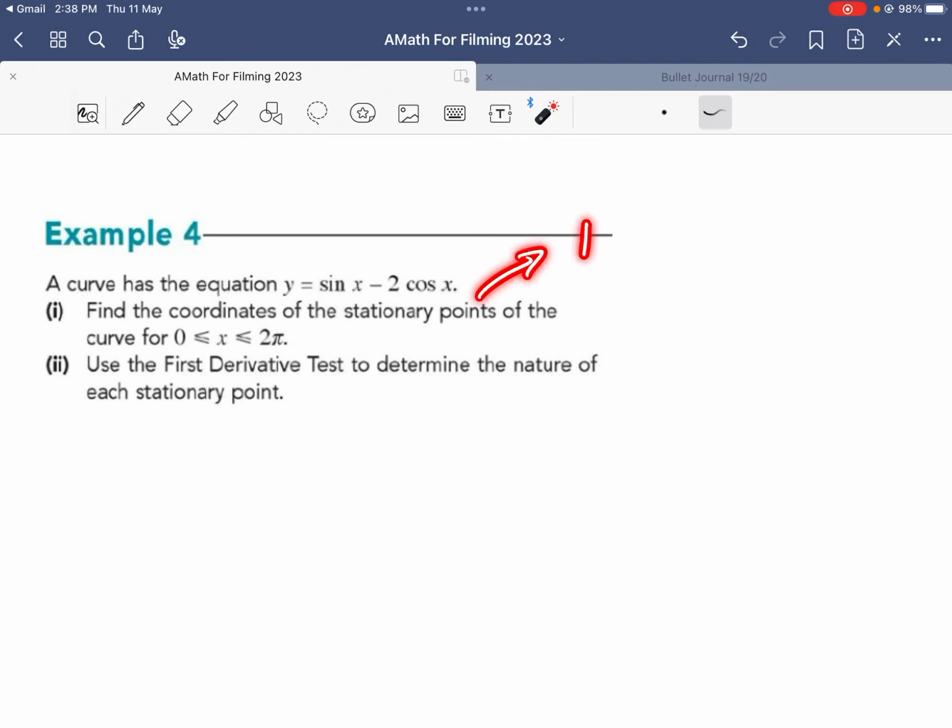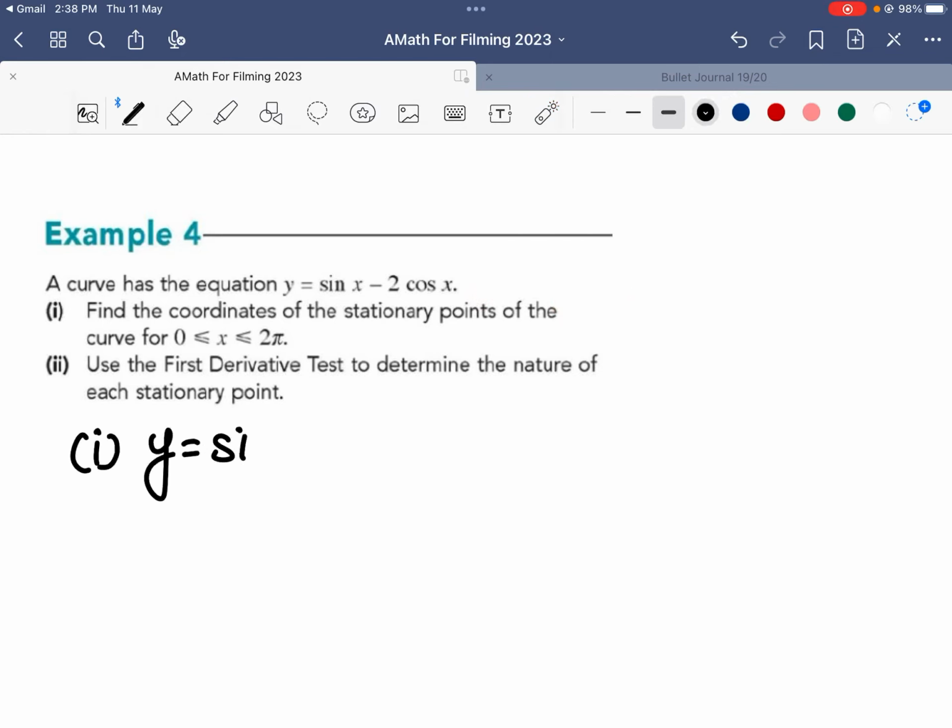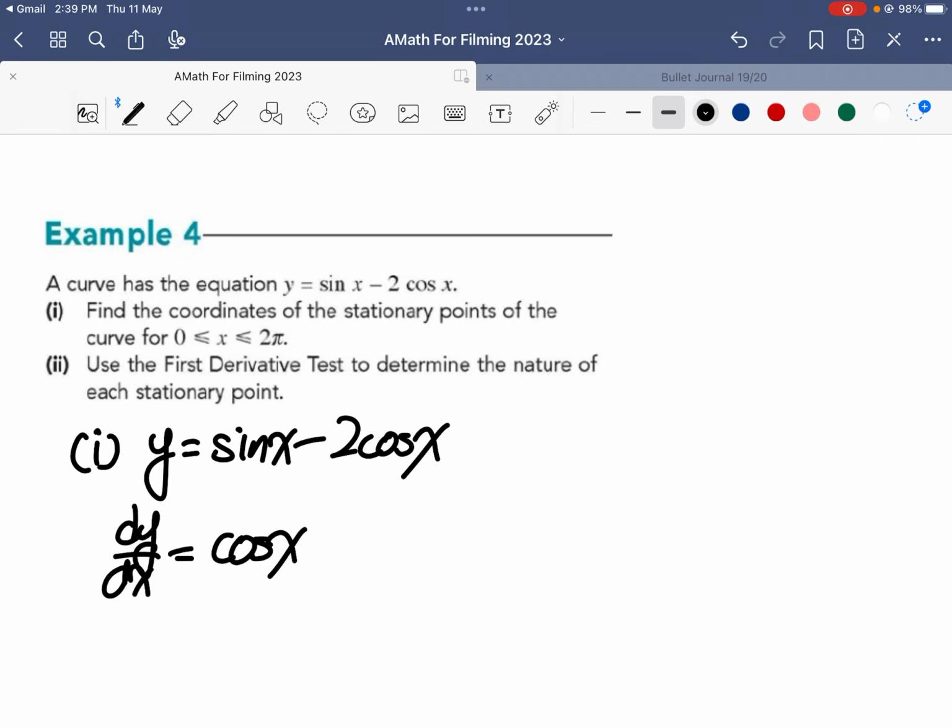So if you remember, what we are aiming to solve is dy/dx equals 0. So without much further ado, y equals sine x minus 2 cosine x. I solve dy/dx. Sine x gives me cosine x.